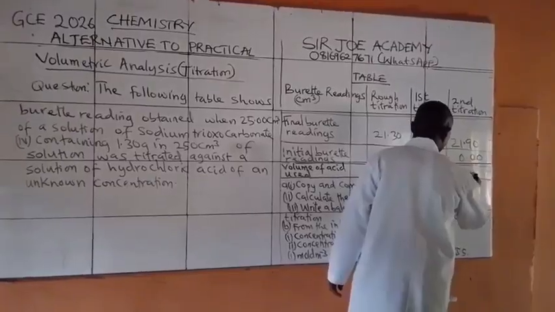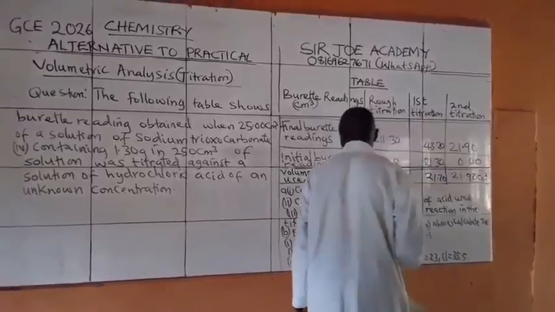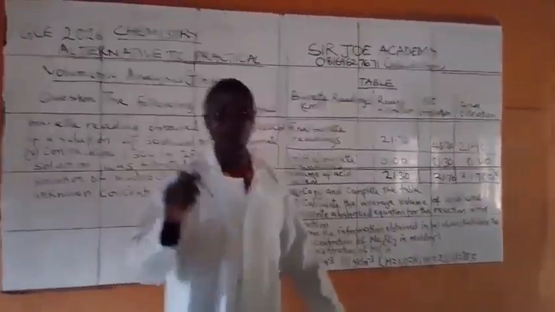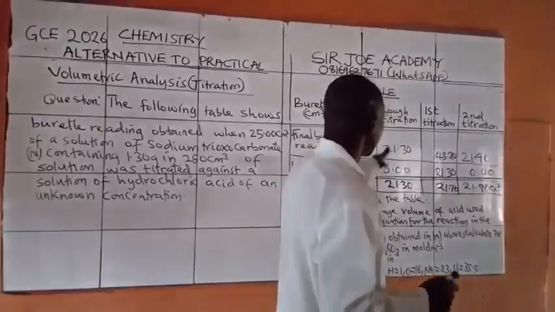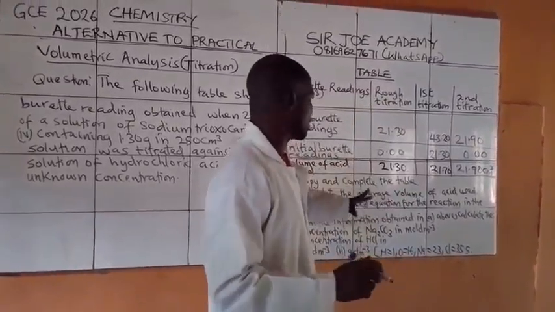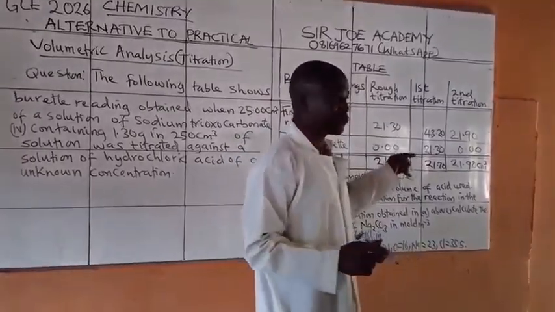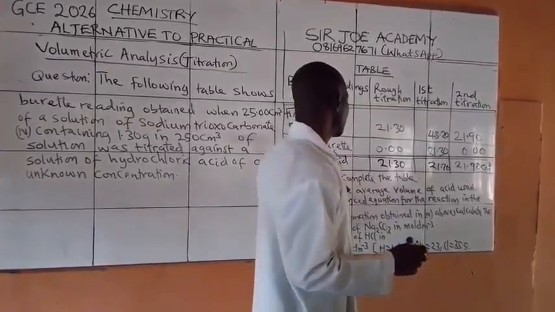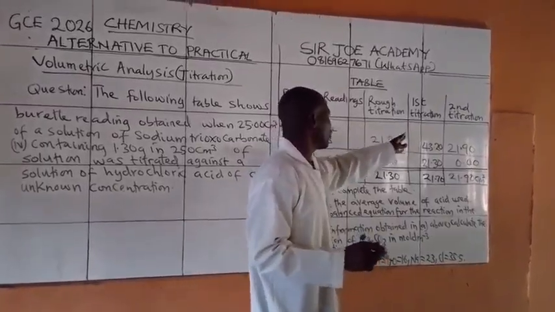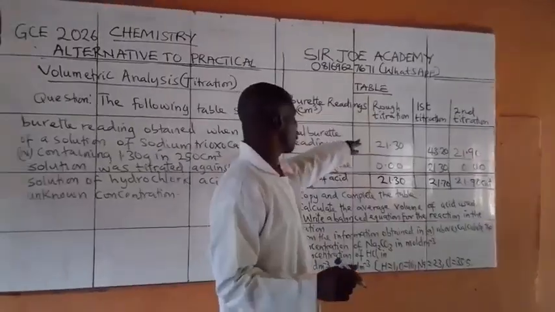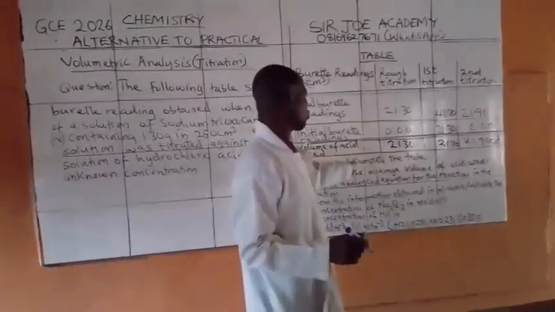So we have 21.90 centimeter cube. When you look at this table very well, you will observe that for the first titration and the second titration, the difference between the two values is 0.2. When you compare the first and second titrations with the rough titration, the gap is wide.